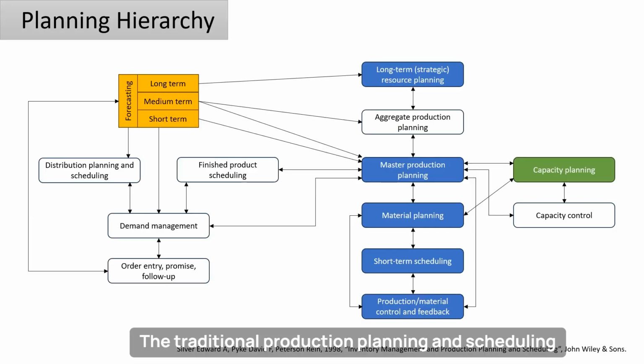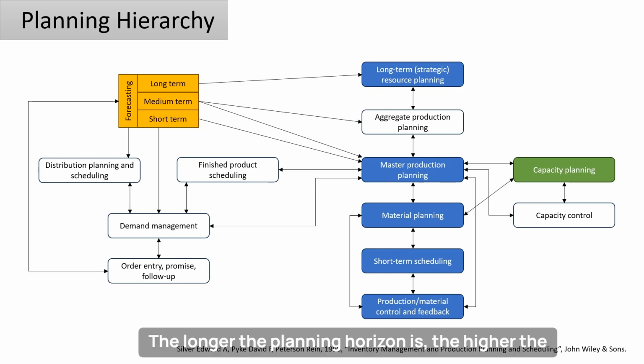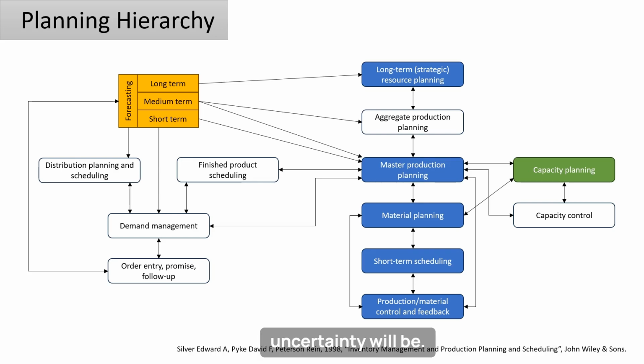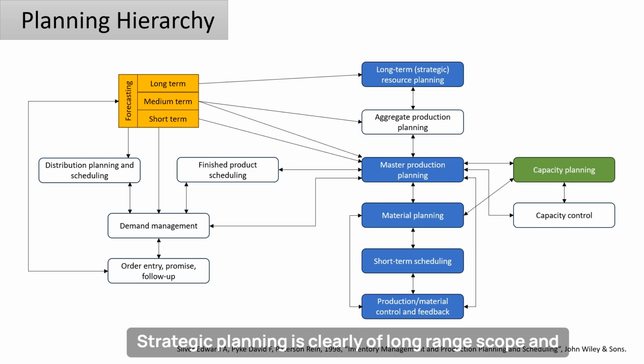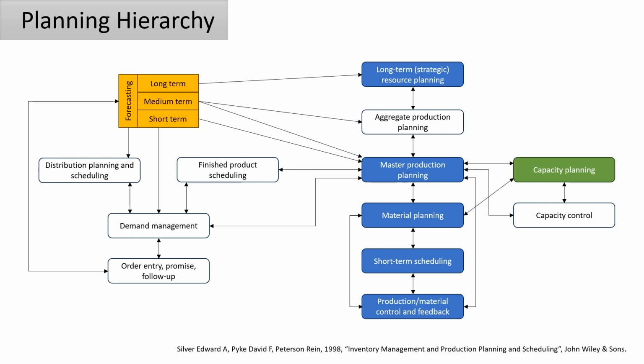The traditional production planning and scheduling system used in MRP2 has a hierarchical structure as this slide shows. The longer the planning horizon is, the higher the uncertainty will be. Strategic planning is clearly of long-range scope and is a responsibility of senior management.